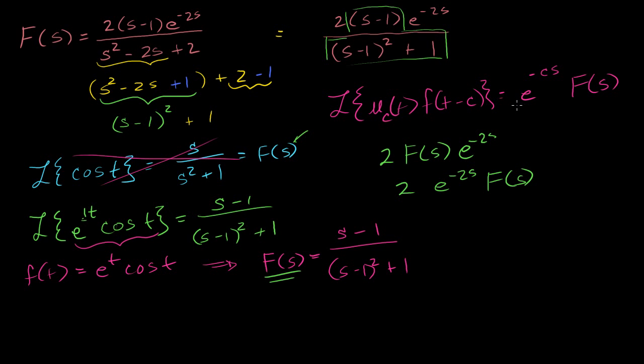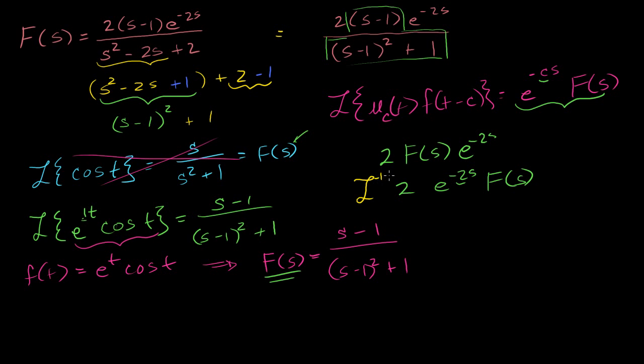Well, that looks just like this if our 2 was equal to our c. So what does that tell us? That tells us that if we take the inverse Laplace transform, and let's ignore the 2, well, we could just write, let's do the inverse Laplace transform of the whole thing.